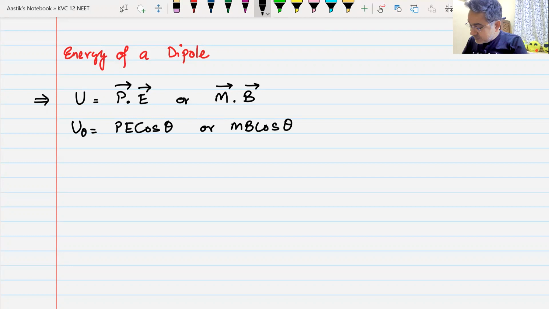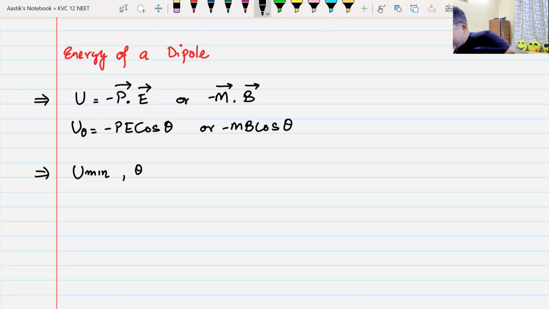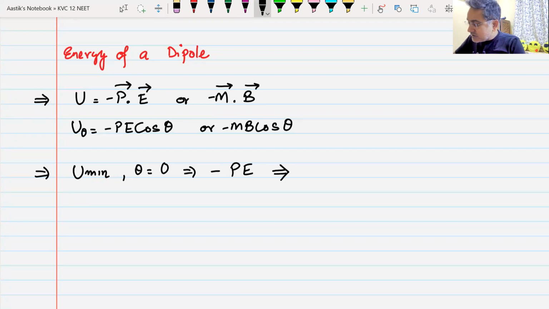Energy is minimum when theta, sorry, it should be negative. I forgot the negative sign. Energy is minimum when theta is 0 and the minimum energy is minus P into E. That condition is known as the condition of stable equilibrium. Stable equilibrium is the condition which has minimum energy.